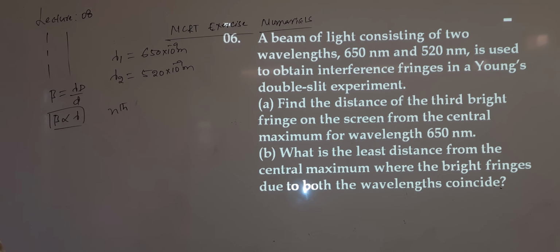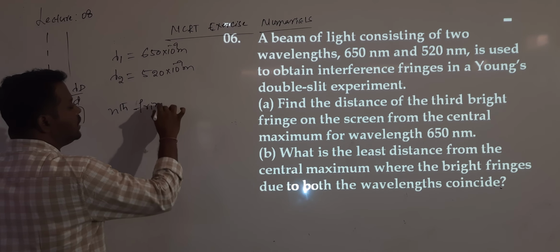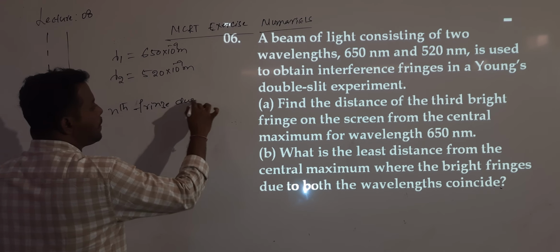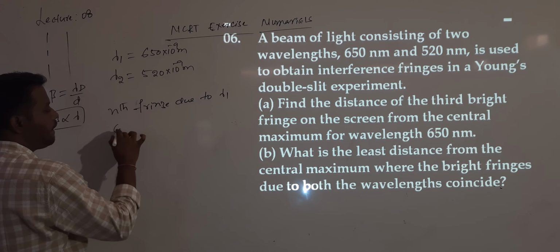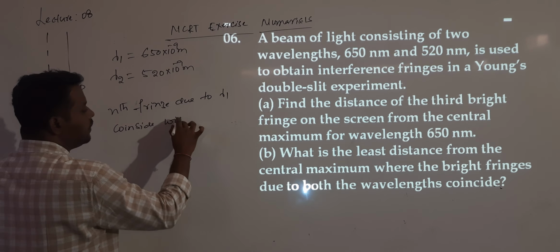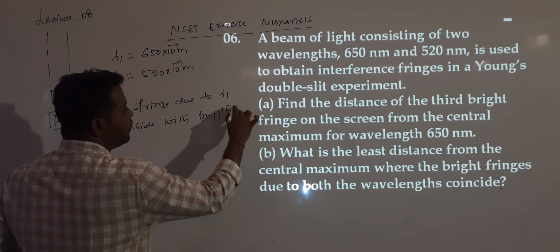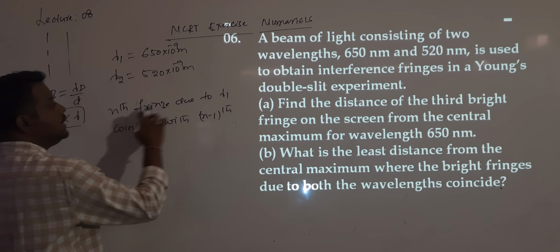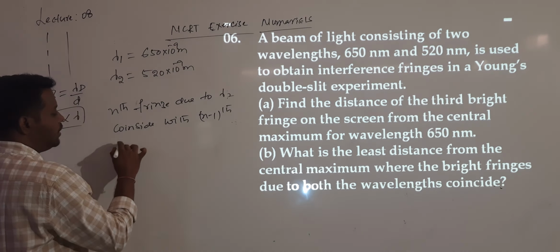If the nth fringe due to lambda 2 coincides with the n minus 1th fringe of lambda 1.